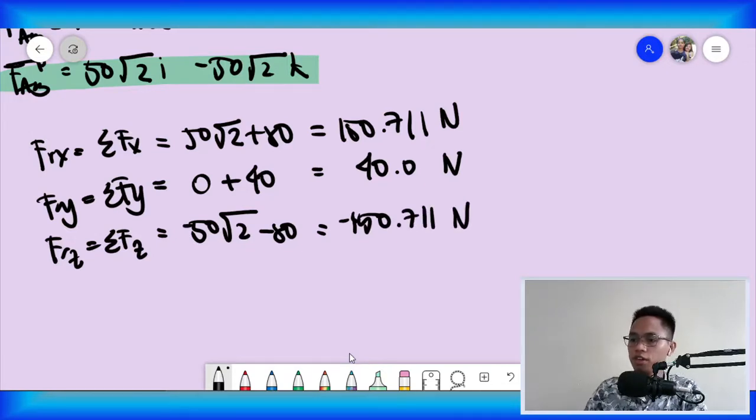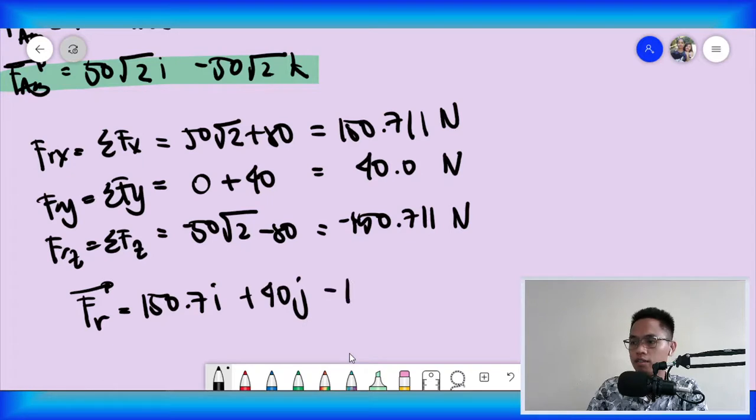So, therefore, our resultant force is equal to 150.7i plus 40j minus 150.7k, and that is in Newton.